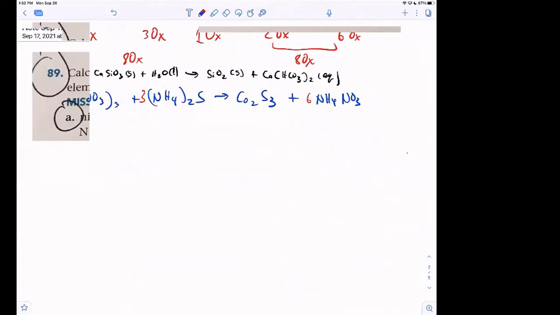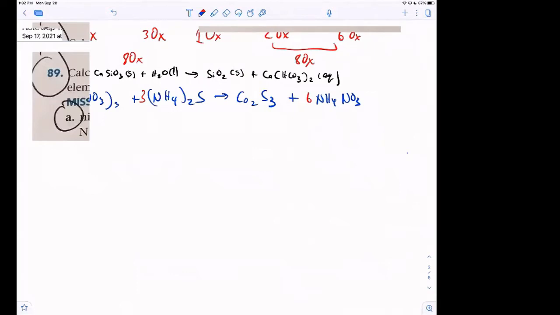There's 2 cobalts on the left, and right now there's 2 cobalts on the right. The subscript there means that there's 2 cobalts. And there's 3 sulfurs. So the 3 here, there's 3 sulfurs. And that's fine. So actually it's balanced already.